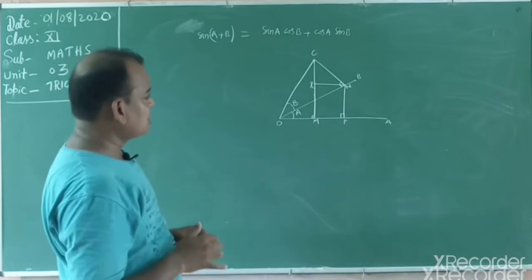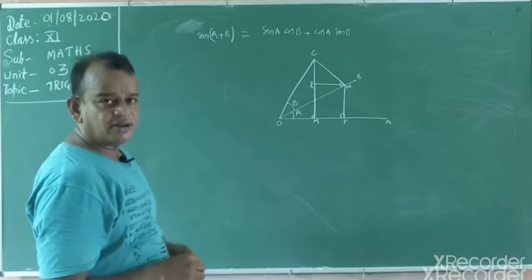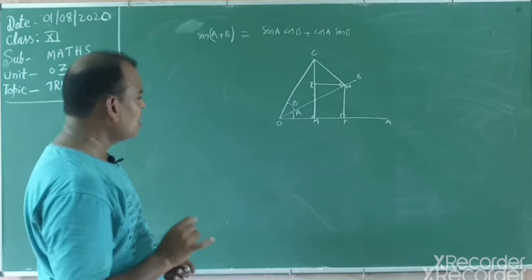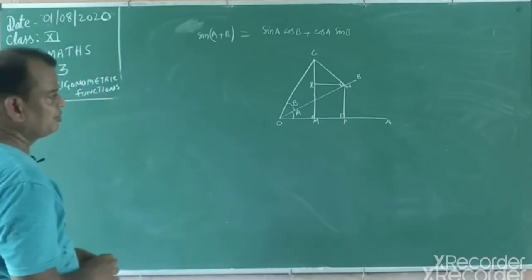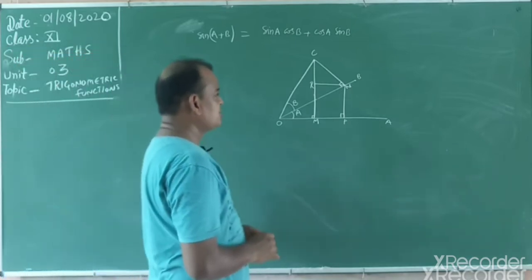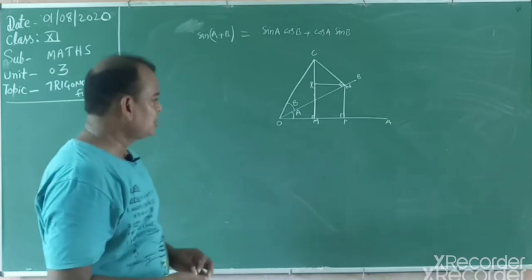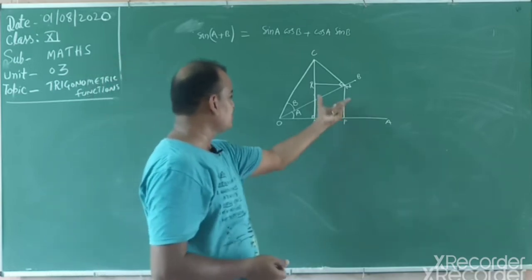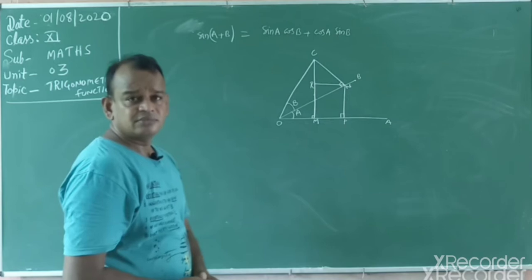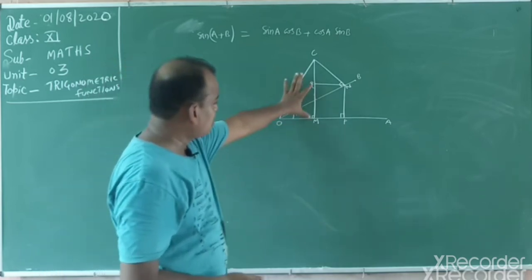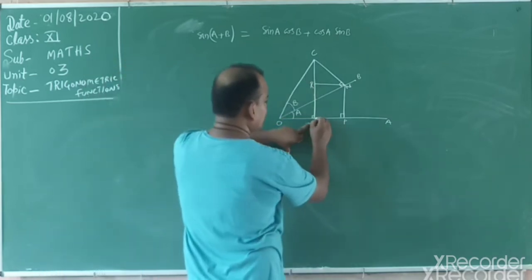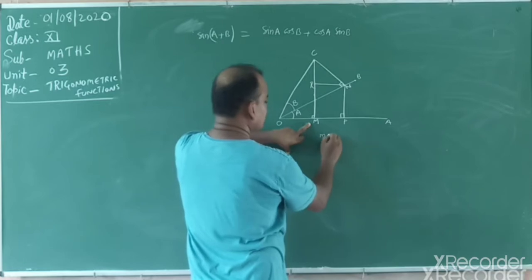Now this is the construction of the diagram or figure. After that, listen carefully. What happened? Some angles are there. In this one, MP is equal to RN. Clearly observe from this diagram that MP is equal to RN.